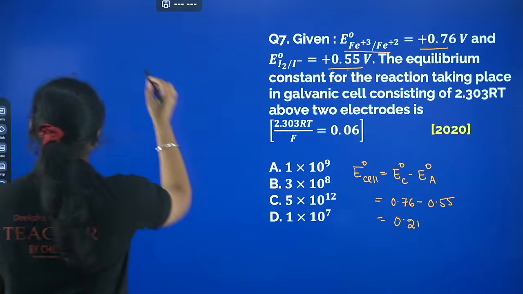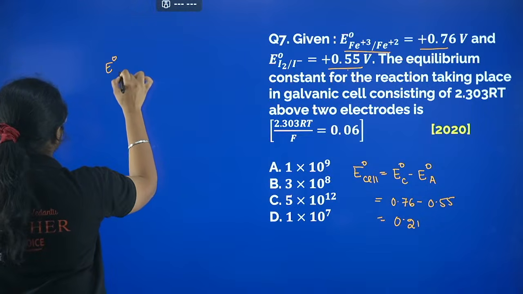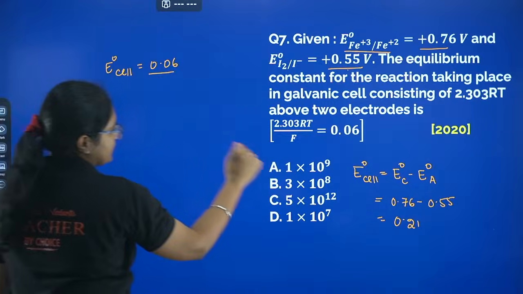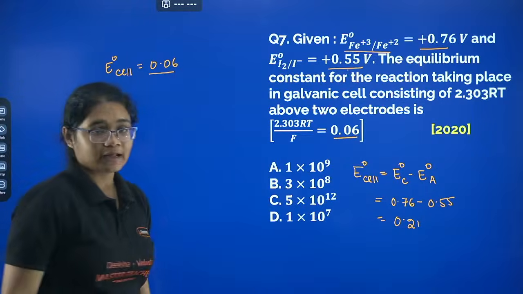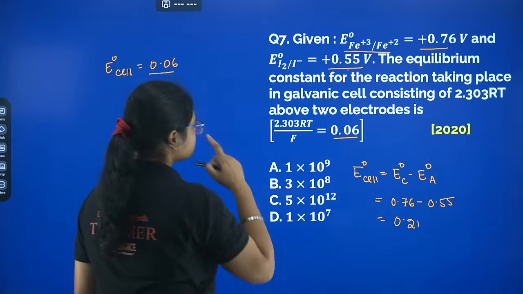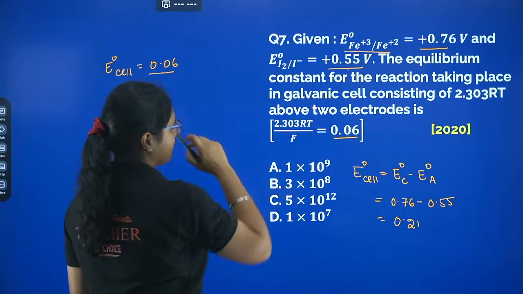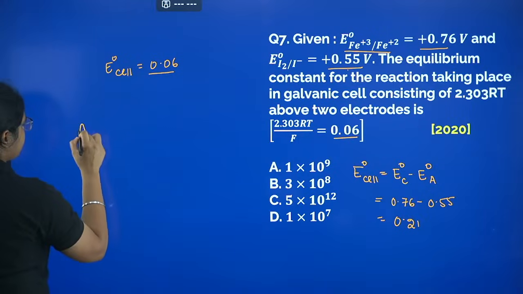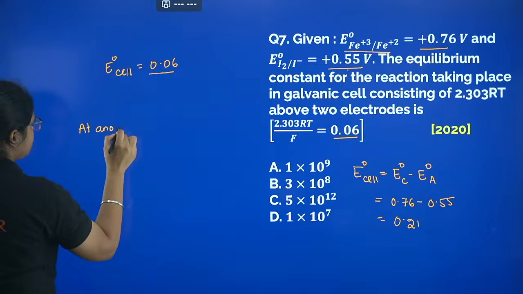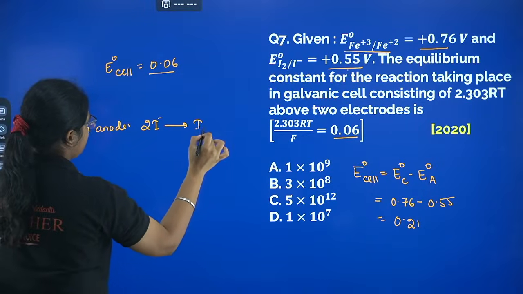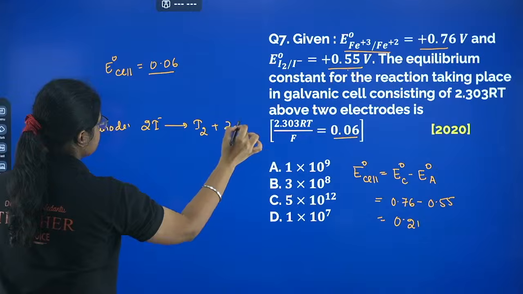Now I have already established the relation in the previous question: E naught of the cell is equal to 0.06 by n log of K. Here I am taking it directly because the question has told me to take 0.06. Now Fe plus 3 to Fe plus 2 and I2 to 2I minus. Now see what the reaction is here. At the anode, 2I minus forms I2 with a loss of 2 electrons.